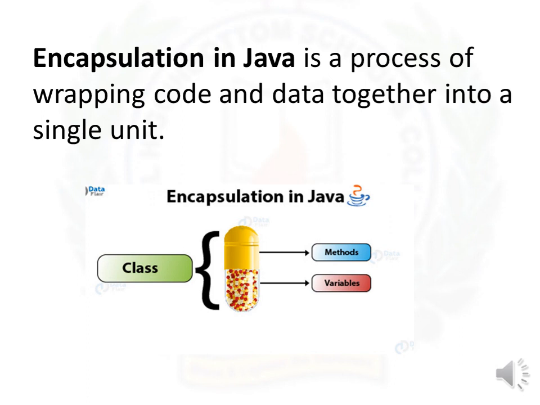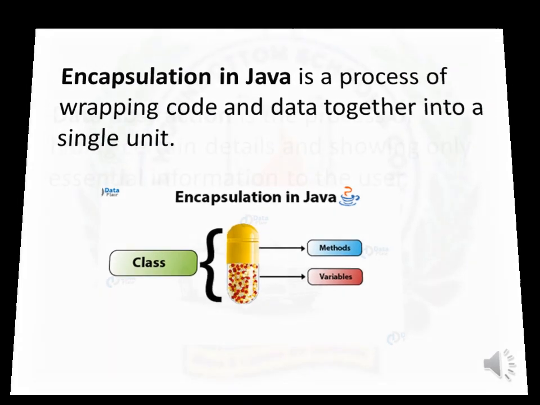So here the methods, variables, the capsule contains so many medicines, capsule which is mixed of several medicines and formed a single unit. We are calling it as a capsule. Like this, a class contains variables and methods and they are wrapping together and form a single unit. That is called as an encapsulation.